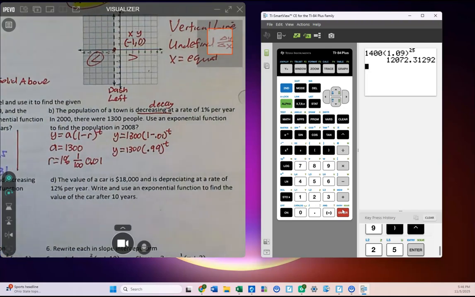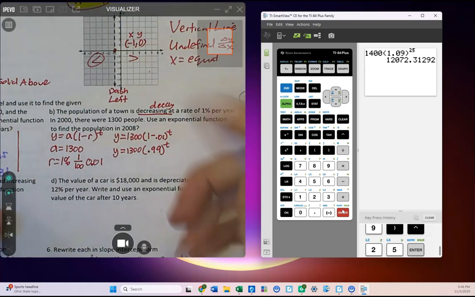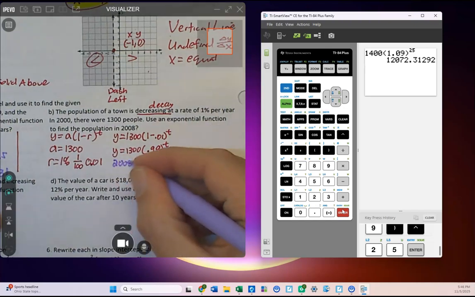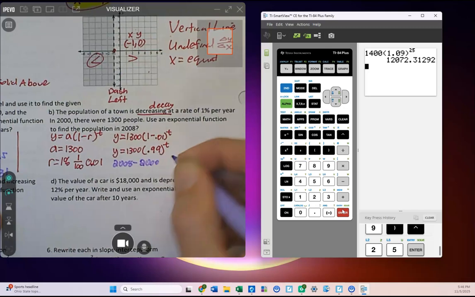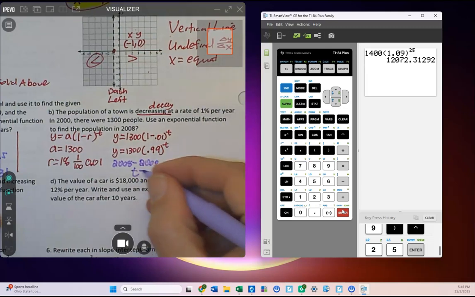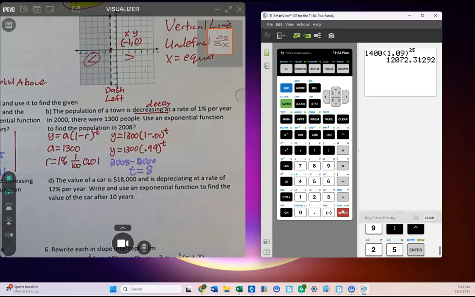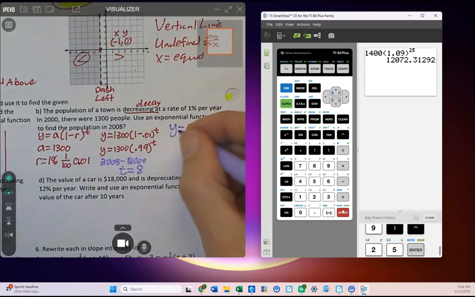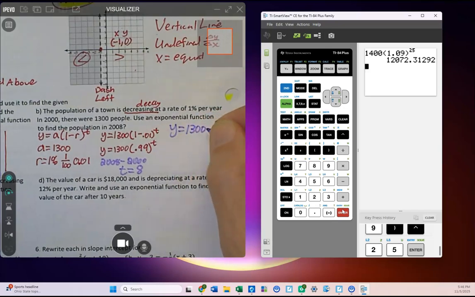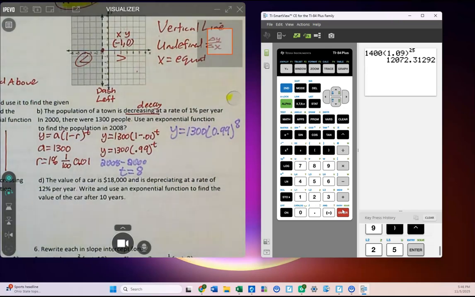So now we've got to find 8 years later. So we're going to use t equals 8. All right, calculator.